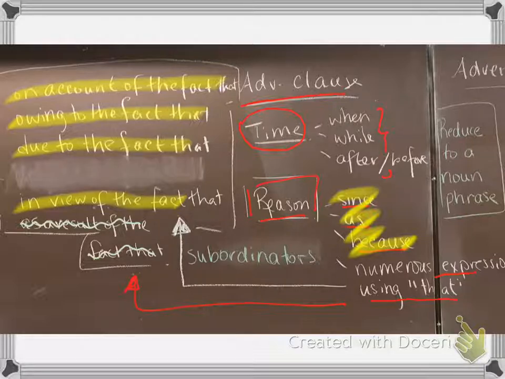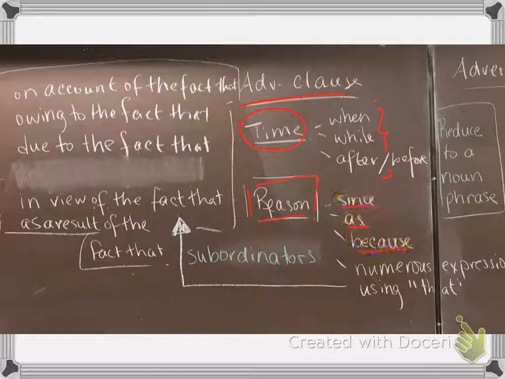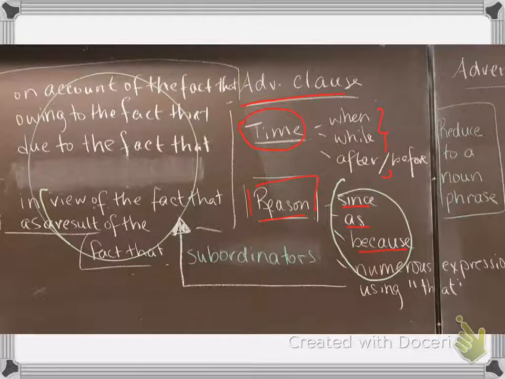But all of these other ones basically talk about reasons things happen. Okay? So when we talk about adverb clauses, we can talk about different subordinators that we can use to represent reason. So these ones and these ones.